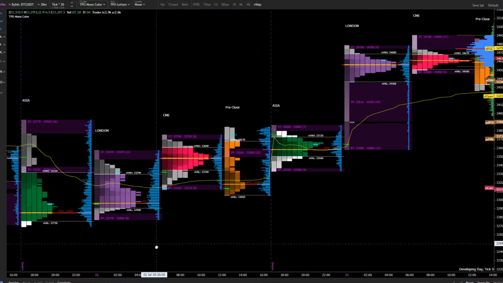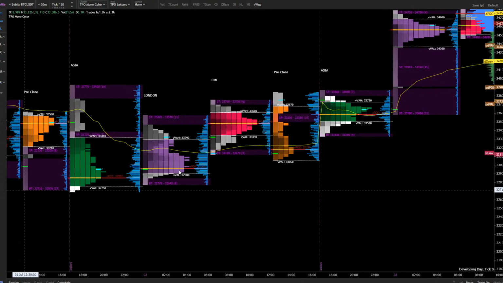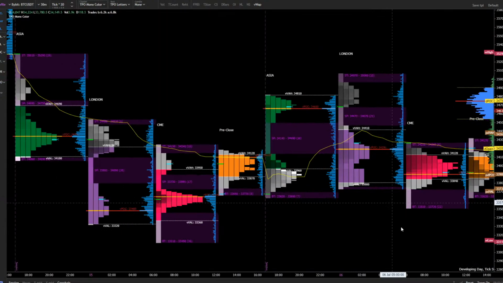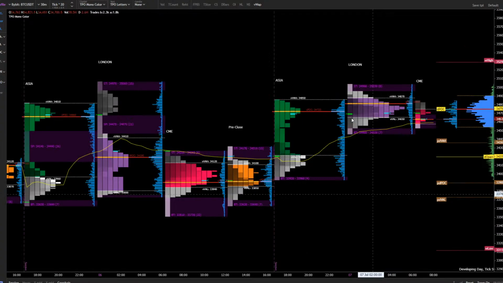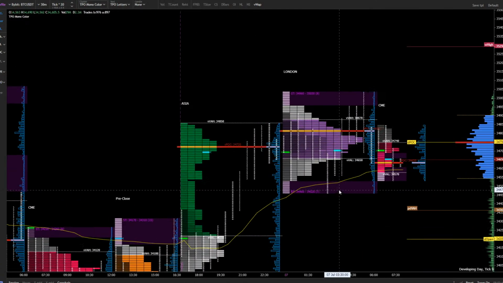Here's the London session. If you look, the London session typically has some decent movement in it. But today, the London session didn't have anything. Look at this London session. It was doing absolutely nothing. And that's probably because you guys are all drunk at the bar, getting ready for the game to start. So that's kind of what I was thinking.